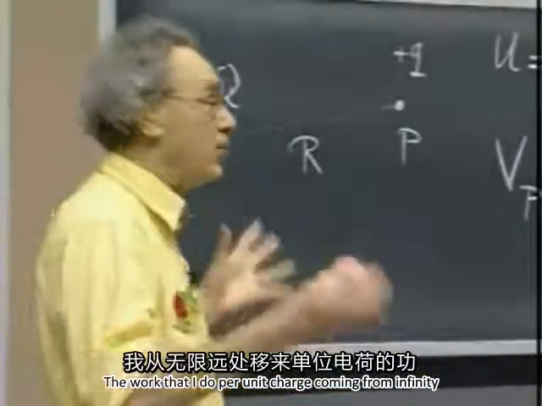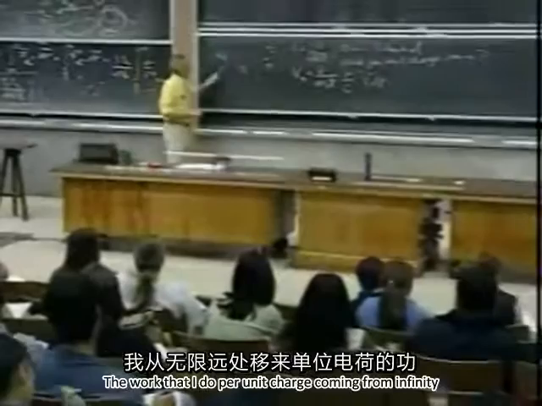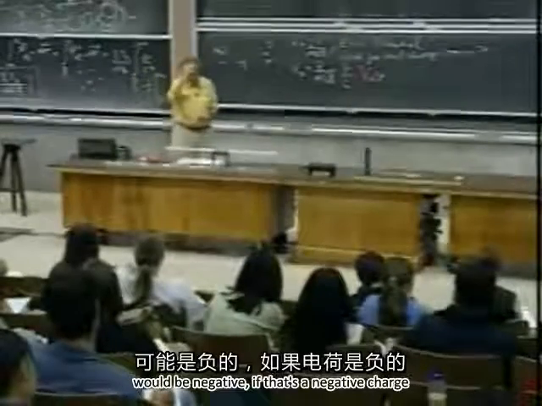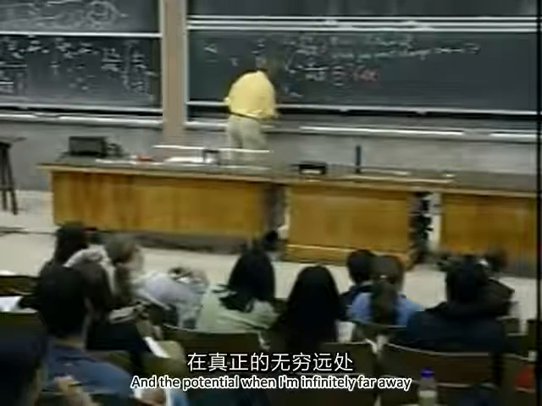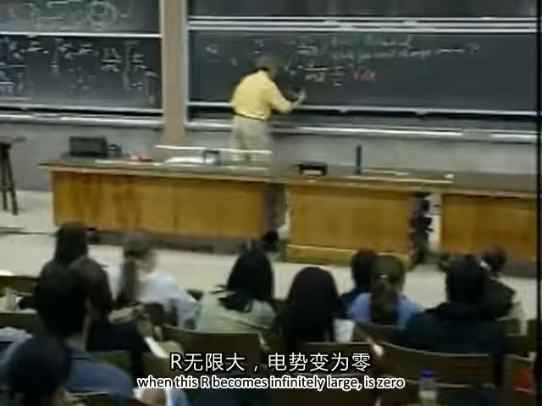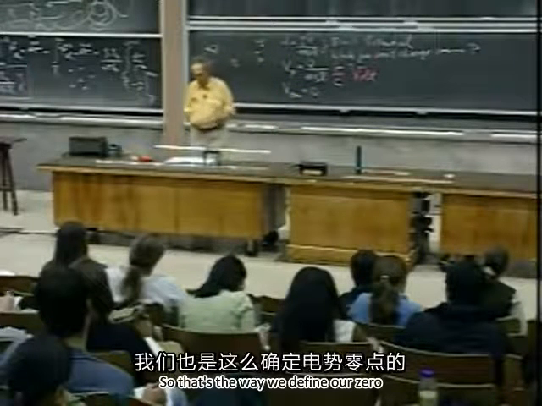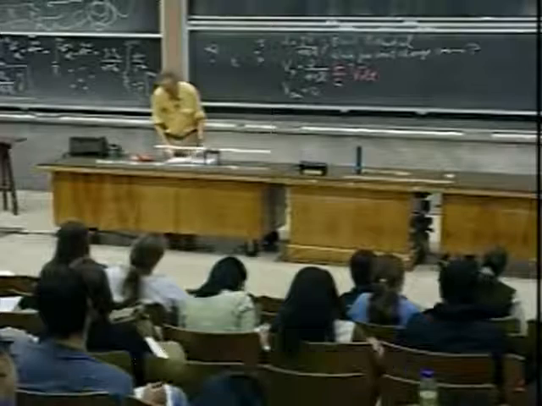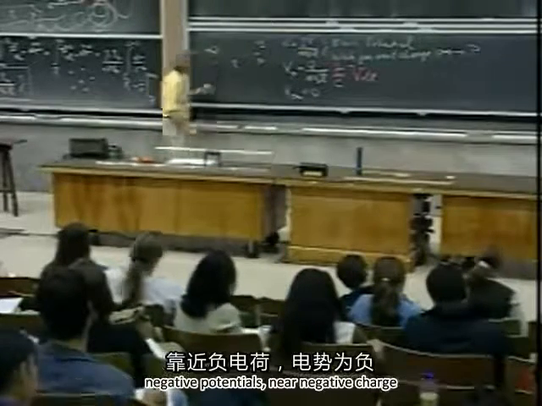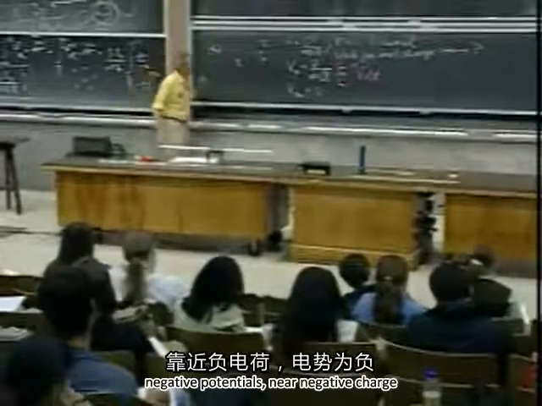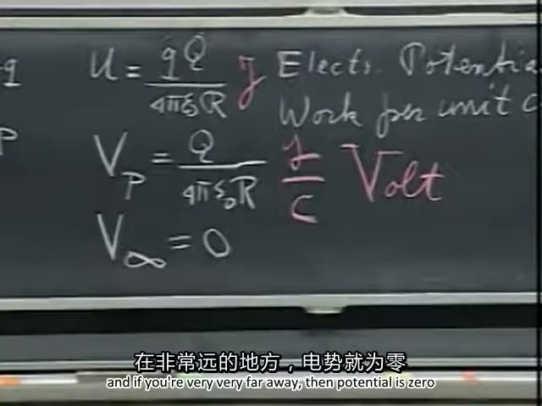The work that I do per unit charge coming from infinity would be negative, if that's a negative charge. And the potential, when I'm infinitely far away, when this r becomes infinitely large, is 0. So that's the way we define it. So you can have positive potentials near positive charge, negative potentials near negative charge, and if you're very, very far away, then potential is 0.